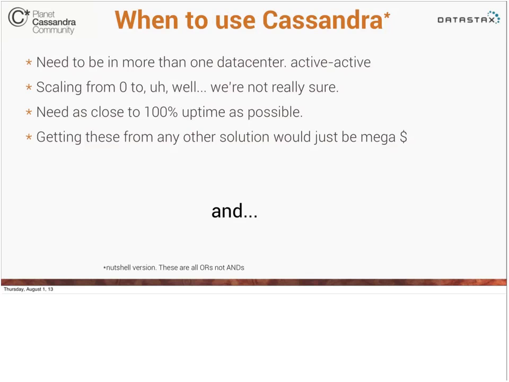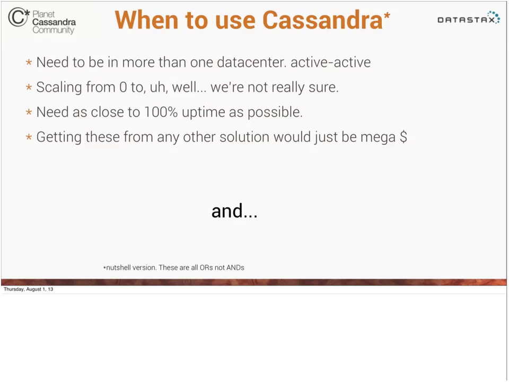Like, yeah, we'd really like to have close to 100% uptime, but we can't afford to put it into two data centers or something like that. It's sad whenever you have to make that decision. So Cassandra gives you more abilities and doesn't cost as much. As I like to say, Oracle scales right up until you run out of money. And that's pretty bad when that happens.